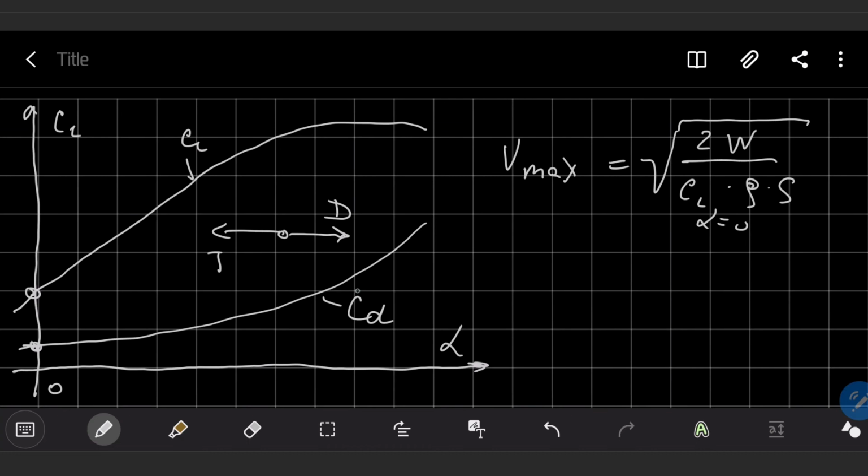The CD coefficient is responsible for the drag description, dimensionless drag. And the thrust is equal to the drag when the airplane is not accelerating anymore. And this is exactly our case. We accelerate until our maximum velocity, we are not accelerating anymore, and thrust of the engine is equal to the drag.